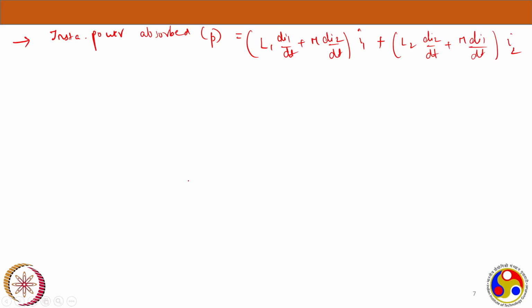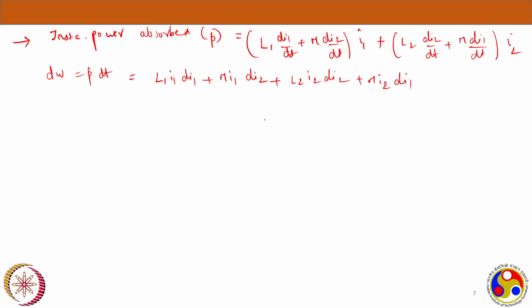Simple. Now again, let's convert this into the energy, that is P into dt, and you just have to multiply by dt. All the dt's will get cancelled. L1 I1 di1 plus M I1 di2 plus L2 I2 di2 plus M I2 di1, right?